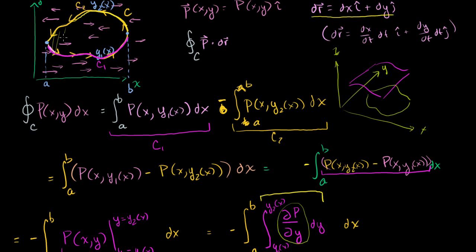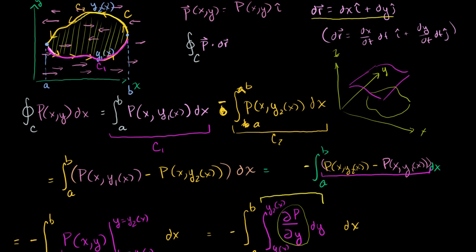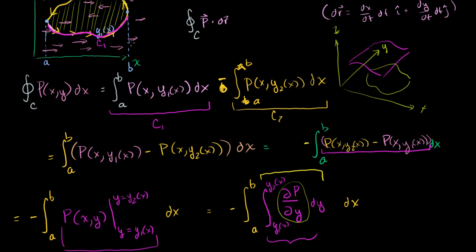If you imagine, the base, the whole floor of this, is going to be the area inside of this curve, and then the height is going to be the function, the partial of p with respect to y. It's a little hard for me to draw, but this is essentially some type of volume if you want to visualize it that way.